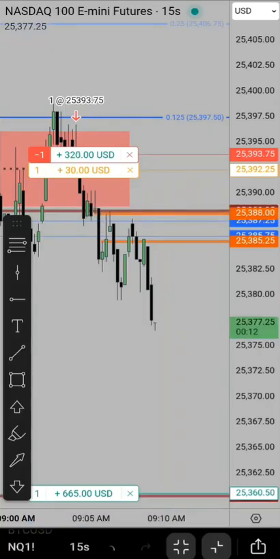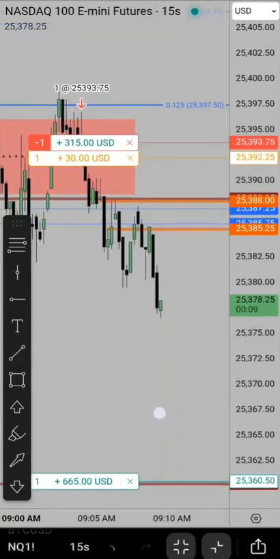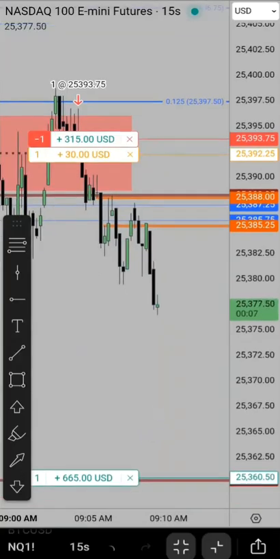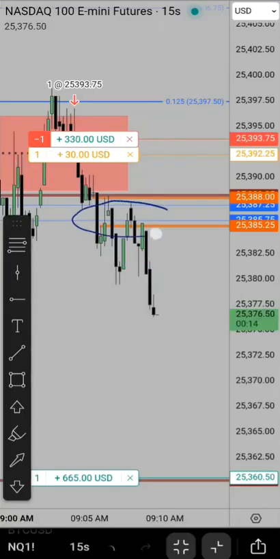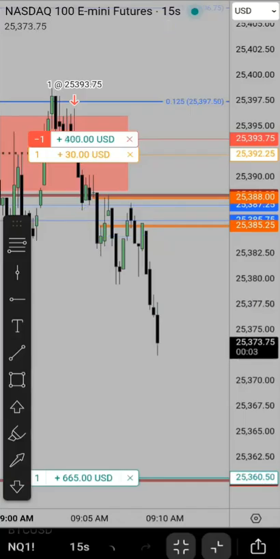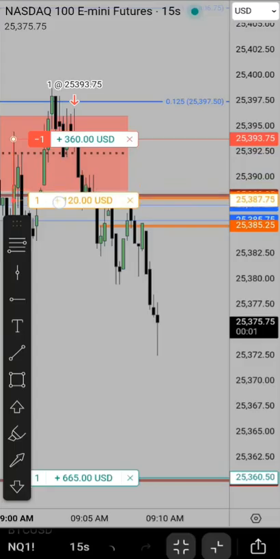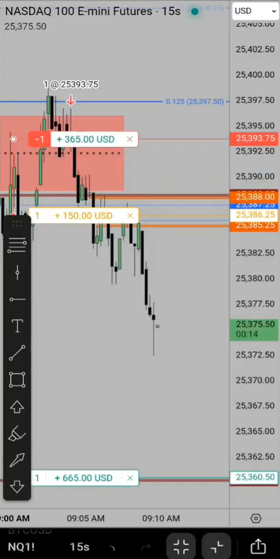Okay, so there's the inversion fair value gap. Done with the trend line segments. And it's also encapsulating the 15-second gap that's outlined on X. And now I can bring it down to inside that 15-second fair value gap.